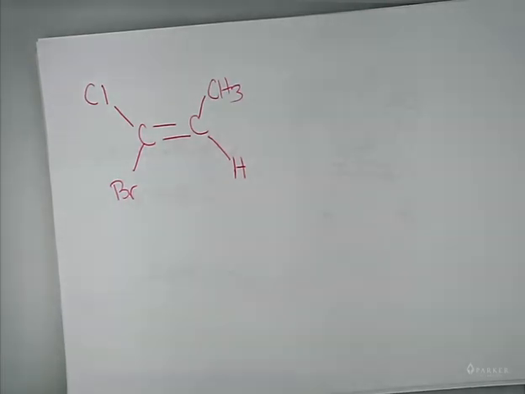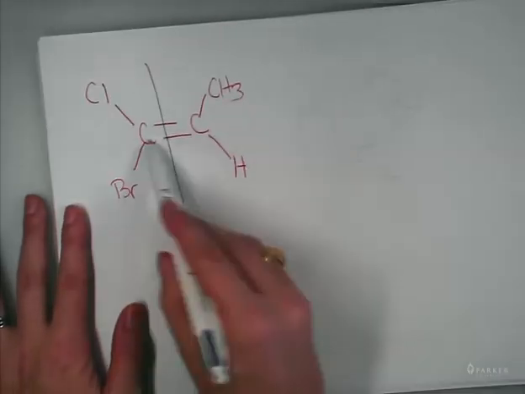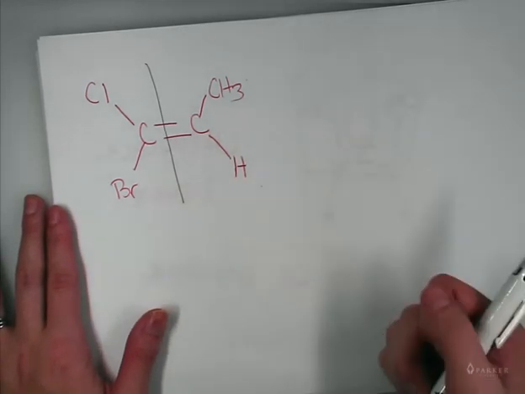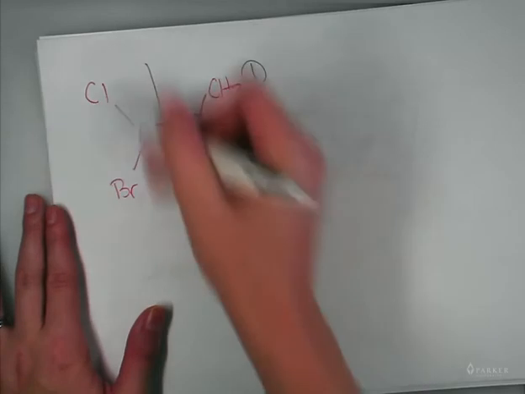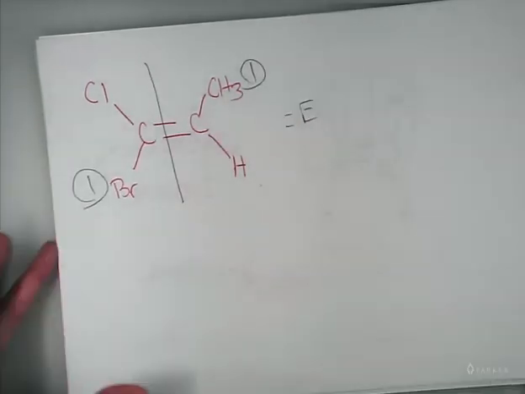Okay, so before we name this, tell me if this is an E or a Z. What was it? E. So let's look at our priorities. So here's where I halve it between the 2 carbons, separating them. What's a higher priority, methyl or hydrogen? Methyl. Chlorine or bromine? Bromine. So this is an E.